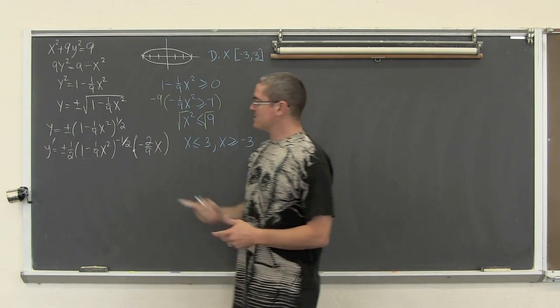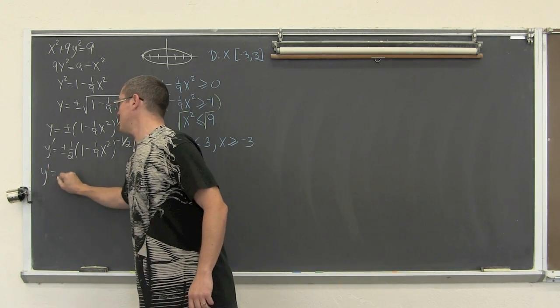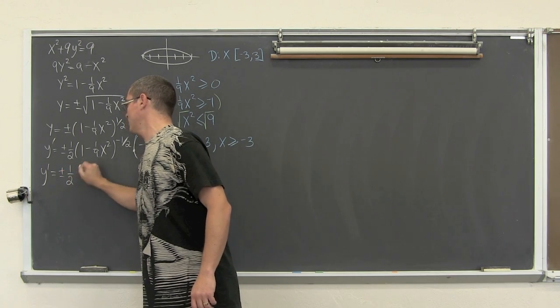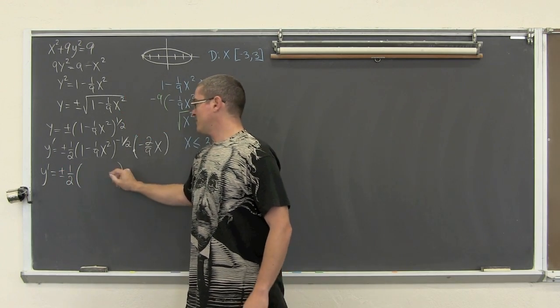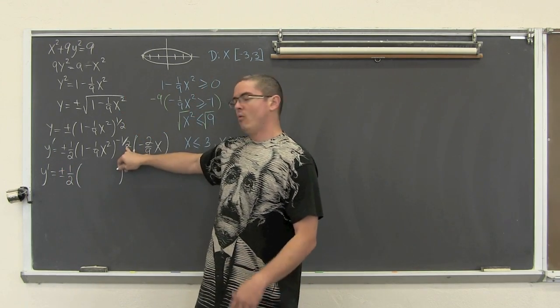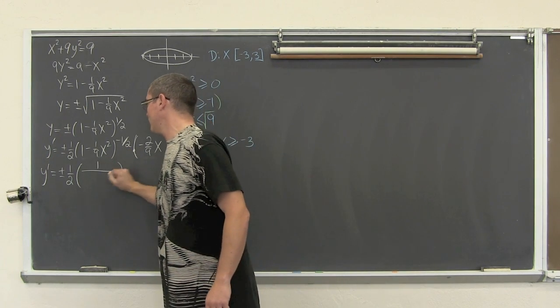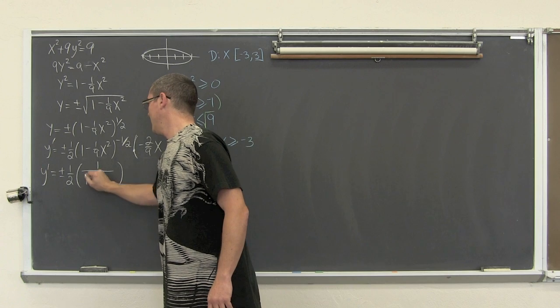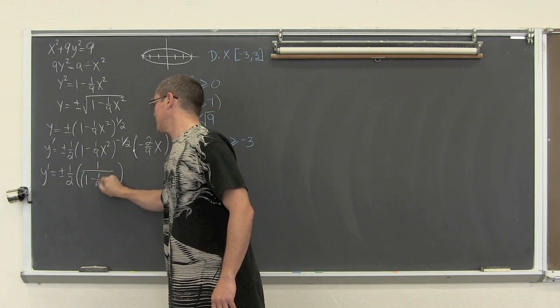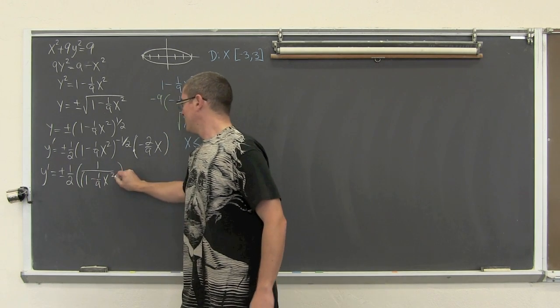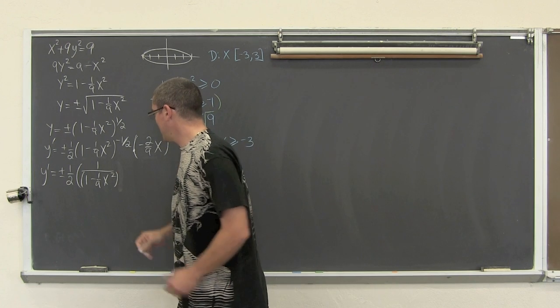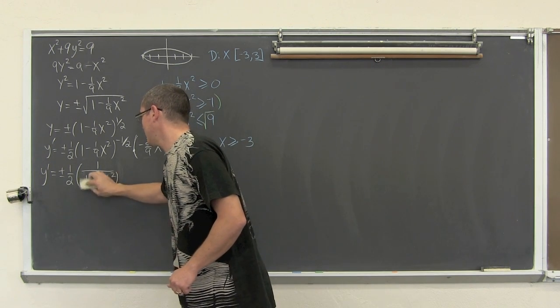So this can be rewritten as y prime equal to plus or minus 1 over 2. I'm kind of overdoing this work here, but I want to get rid of that negative exponent, so that's really 1 over 1 minus 1/9 x squared to the, well, let's go ahead and put that square root symbol around it. Why not?